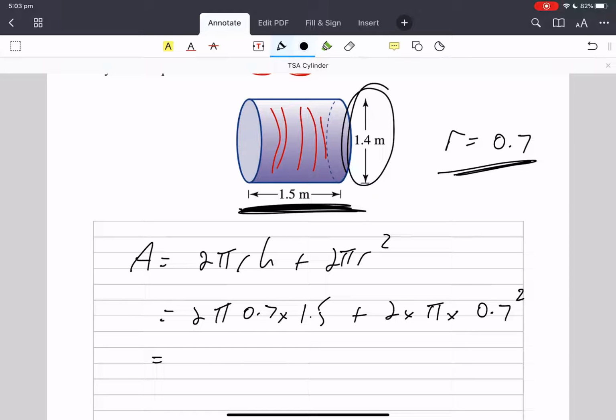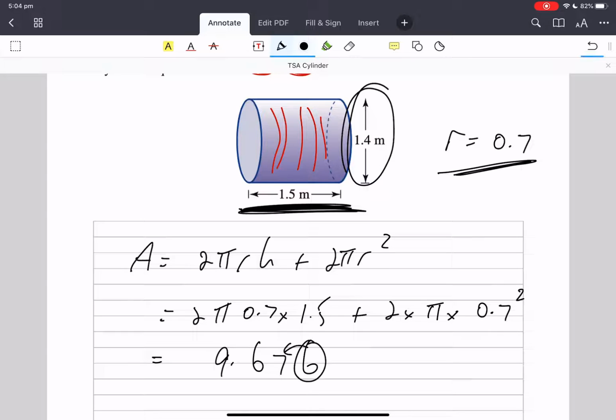Oh my gosh, we've got to get good at this calculator. Pi... 676. There we go. If we had to round that to 2 decimal places, that's 6.